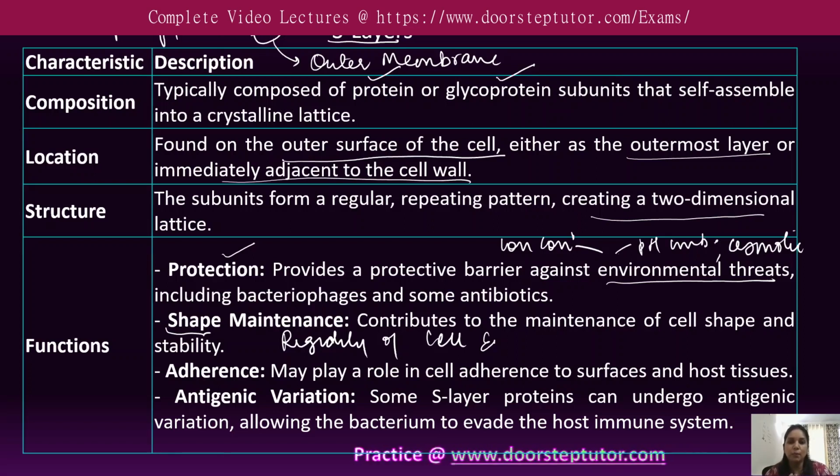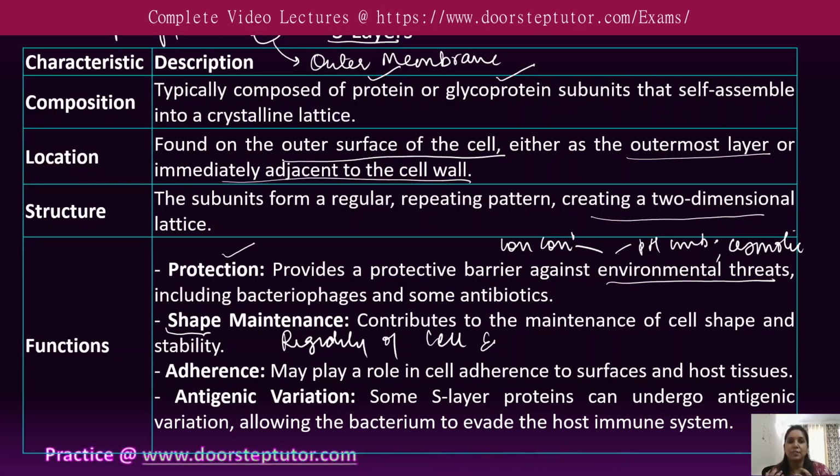Antigenic variation means some S layer proteins can undergo antigenic variation, thus allowing the bacteria to evade the host immune system. It helps bacteria, especially pathogenic bacteria, hide themselves from the host immune system.